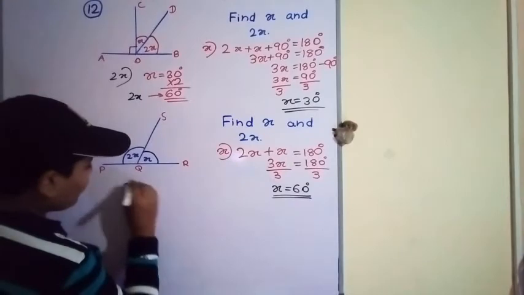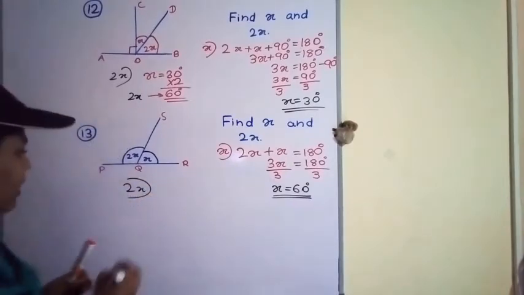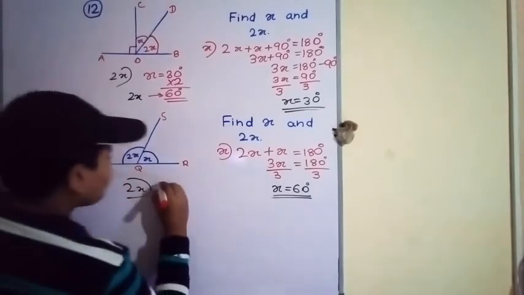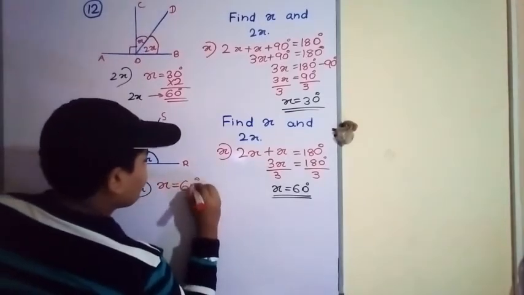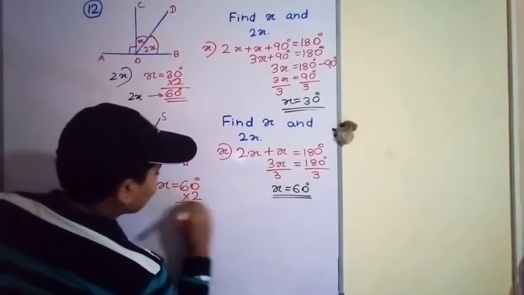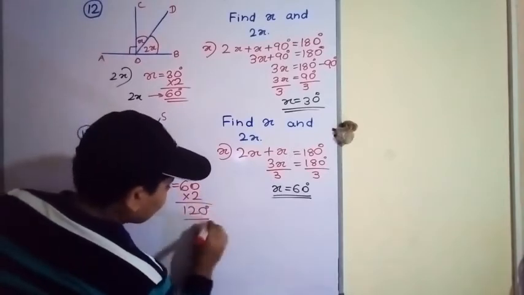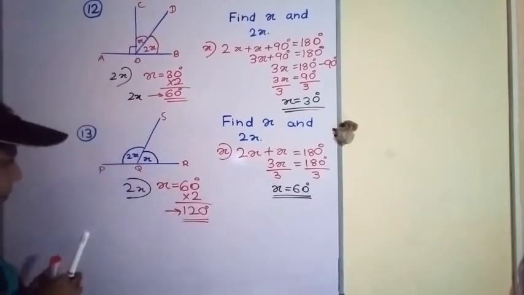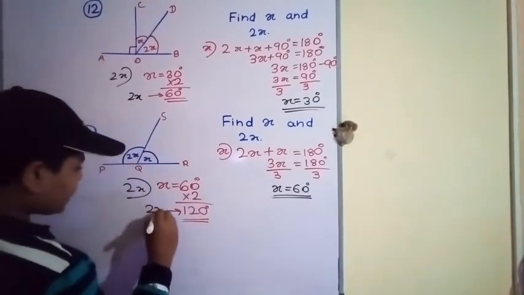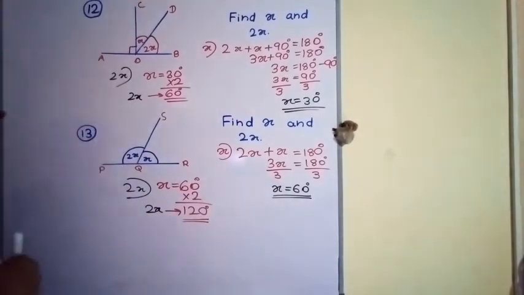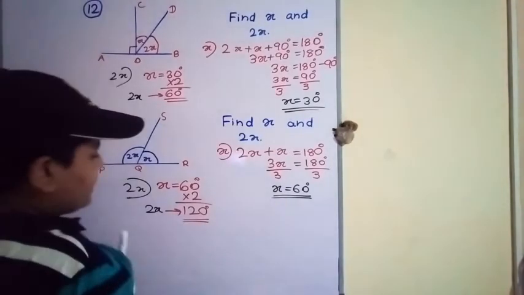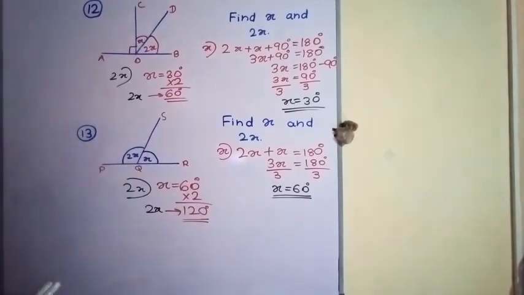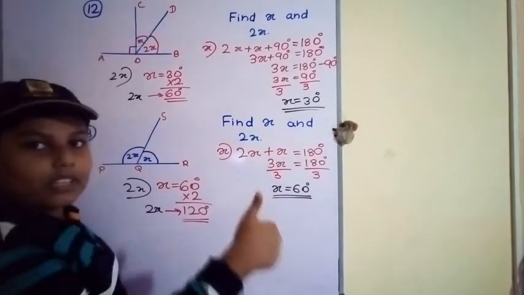Now I'll find 2x. The 1x means 60 degrees. For 2x you multiply by 2, and you have the answer 120. So 120 means 2x. Now x means 60 and 2x means 120. Now 120 plus 60 means 180. Correct.